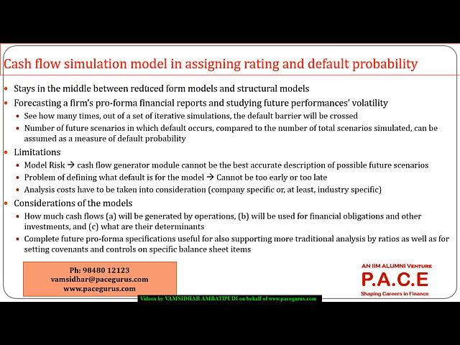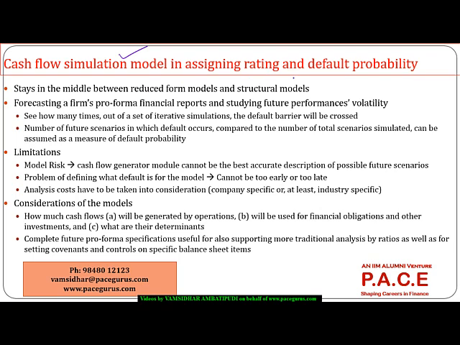Now, once we are aware of those two methods, the next thing I am trying to bring in is a cash flow simulation model. We are trying to simulate the cash flows using a Monte Carlo simulation model, and based on the way the cash flow goes below a certain limit during the simulation, the rating would be assigned accordingly and the default probability also will be assigned accordingly.